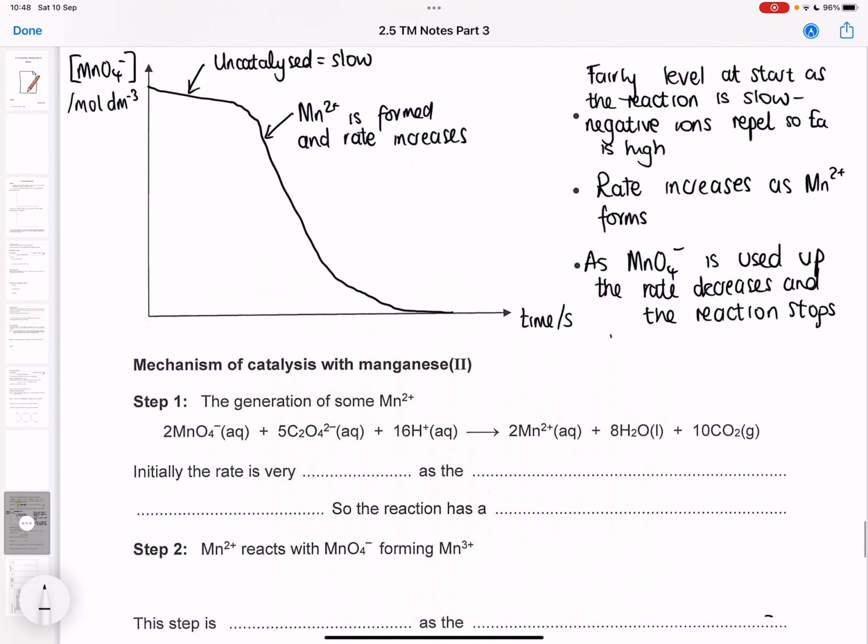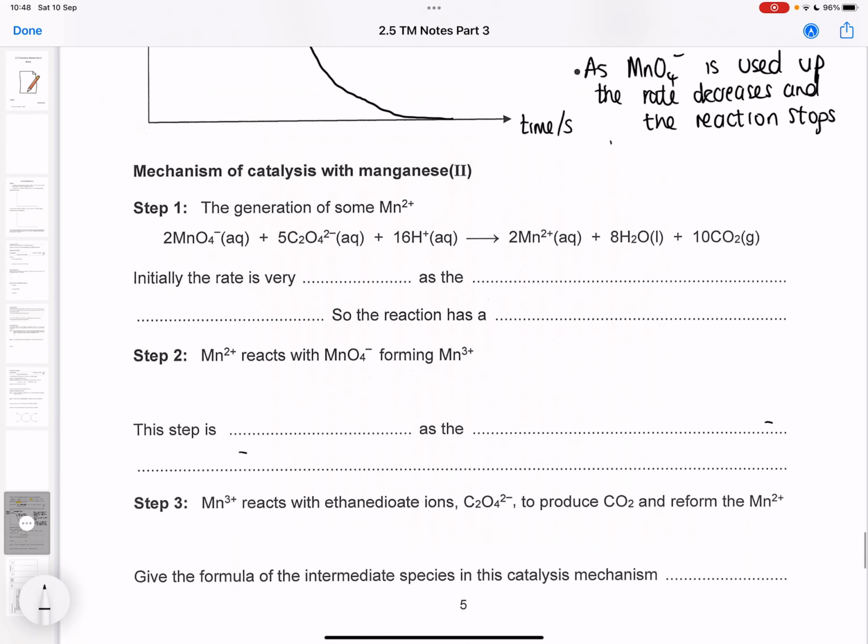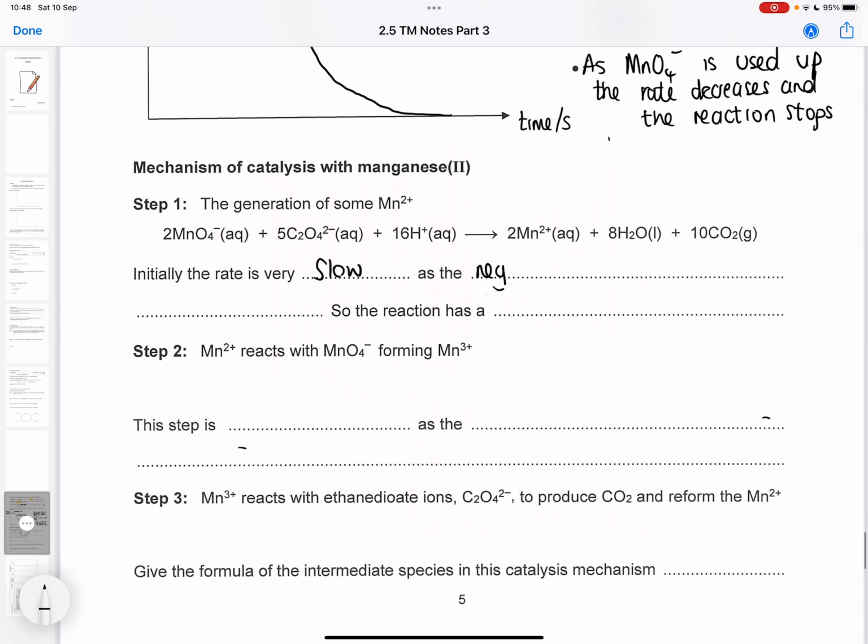So let's have another look. We've got the overall equation written again here: 2MnO4- and 5 ethane dioate ions reacting in acidic conditions to make Mn2+, water and carbon dioxide. So we said initially the rate is very slow as the reacting ions are both negative, so they repel one another.